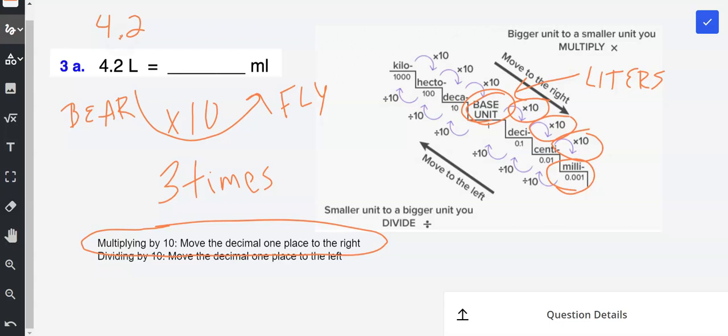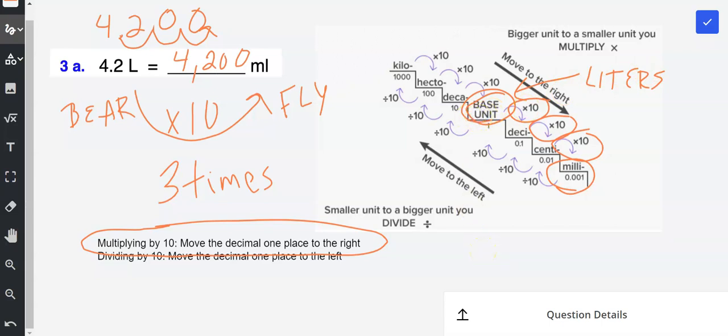So I multiply by 10 once, twice, 3 times. And in these empty spaces, I'm going to put zeros. So 4.2 liters is equal to 4,200 milliliters.